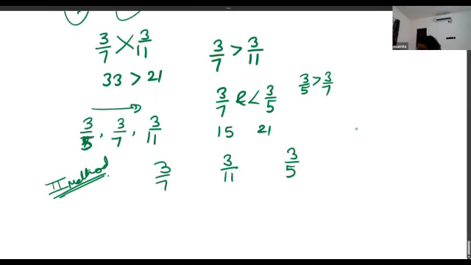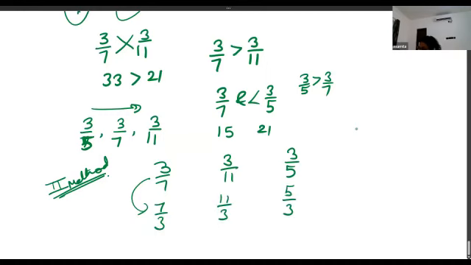All the fractions have the same numerator. So you just take the reciprocal. Reciprocal means just exchange the numerator and denominator. So take the reciprocal, it would be 7 by 3, 11 by 3, 5 by 3.